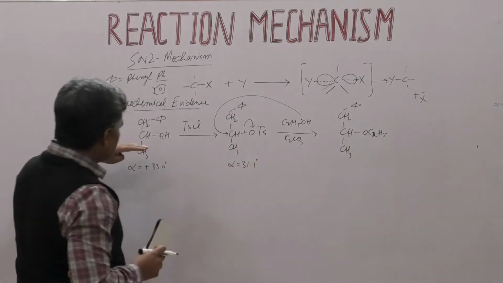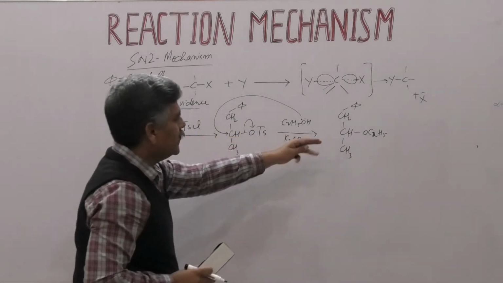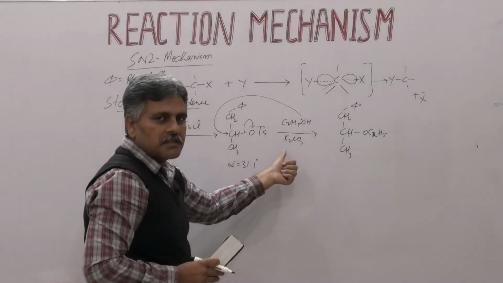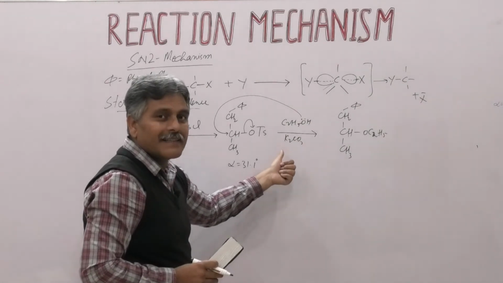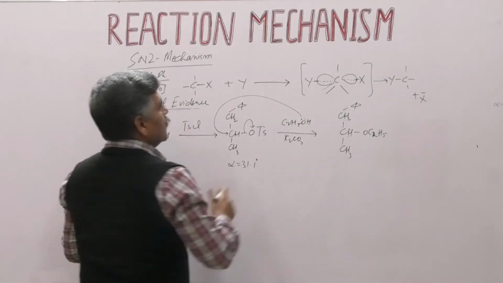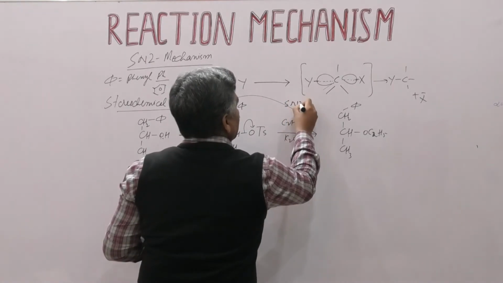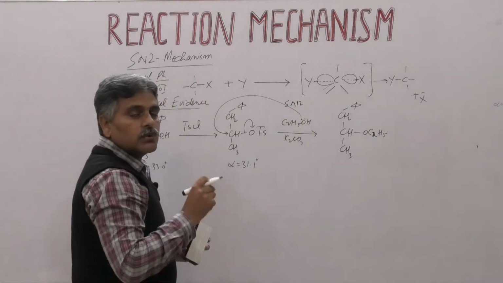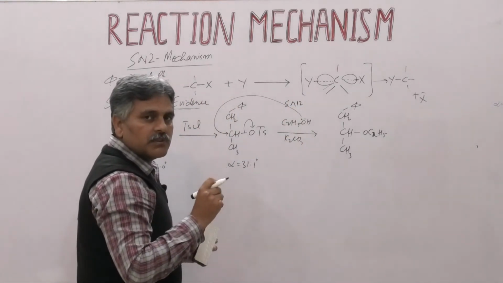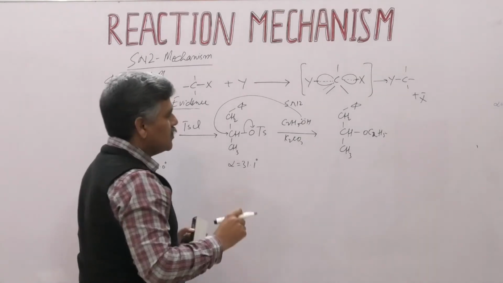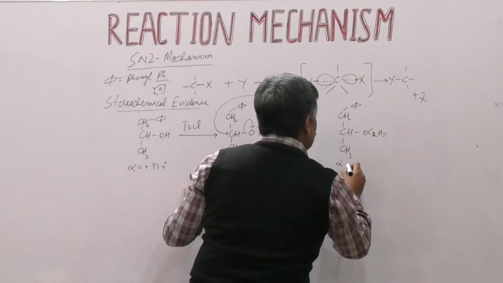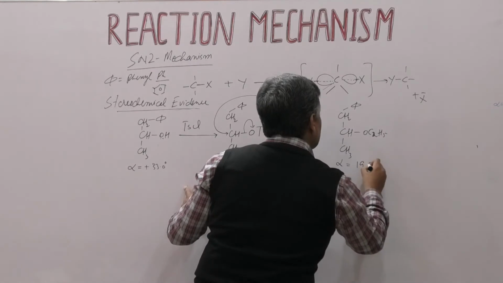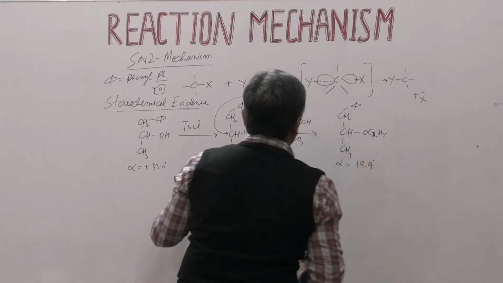So in the conversion of this alcohol into ethyl ether, this step is the nucleophilic substitution reaction at the chiral carbon, and here we have the SN2 mechanism. So that's why inversion of configuration is observed in this case, and its angle of rotation is equal to 19.9 degree.